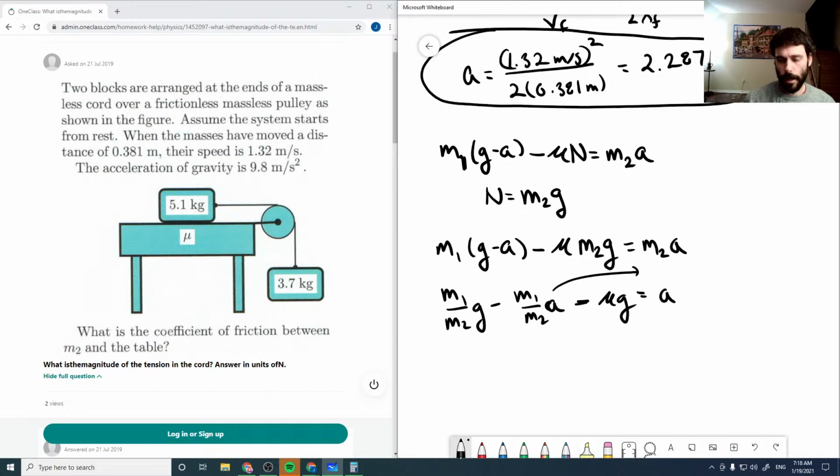Bringing this to the other side, we've got M1g over M2 minus mu g is equal to a times 1 plus M1 over M2.